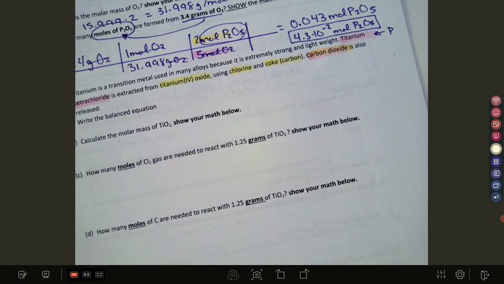Also on your periodic table, guys, it says diatomic elements at the bottom of your periodic table. What that means is any of those, when they're by themselves, it'd be Br2, Cl2, F2, H2, I2, O2, N2. So what is tetra? 4.